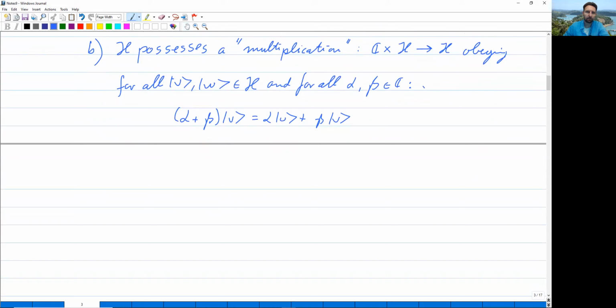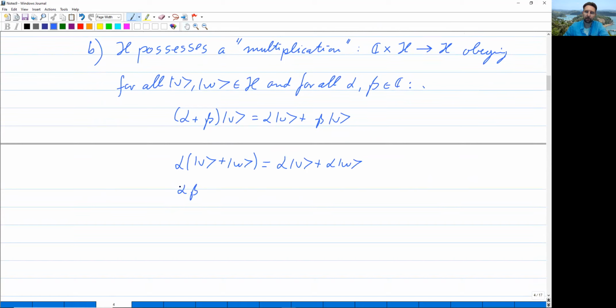And we also require that this product, and in fact the multiplication and the addition that our set H has, obeys also that alpha times V plus W is equal to alpha V plus alpha W, you know, the kind of thing that you would expect from linearity.